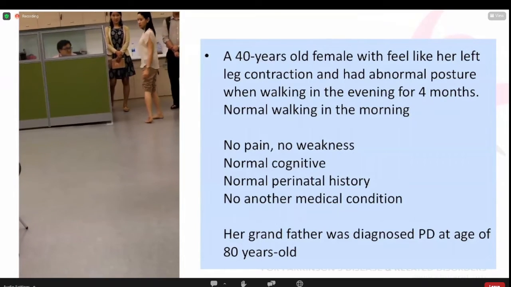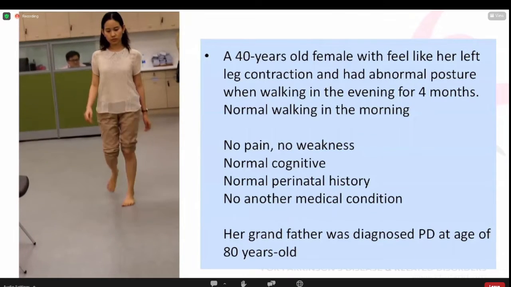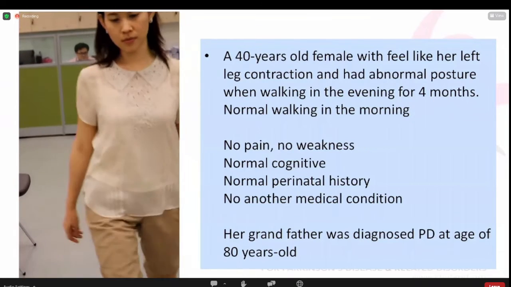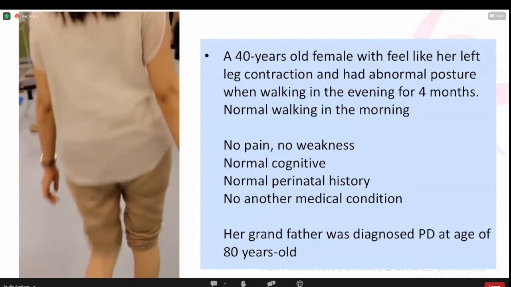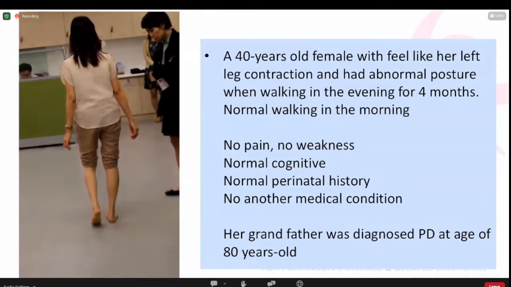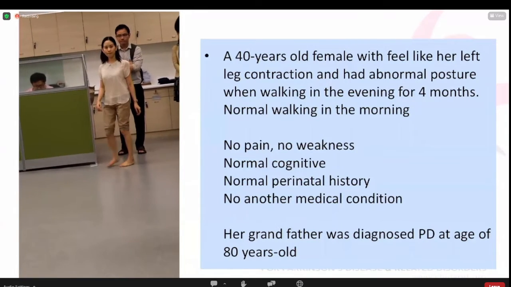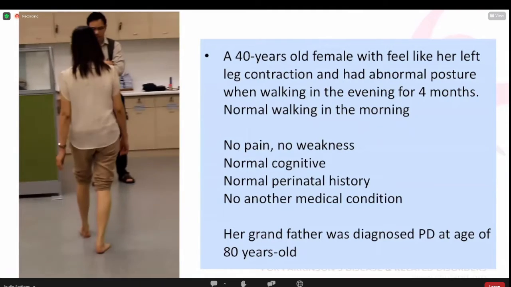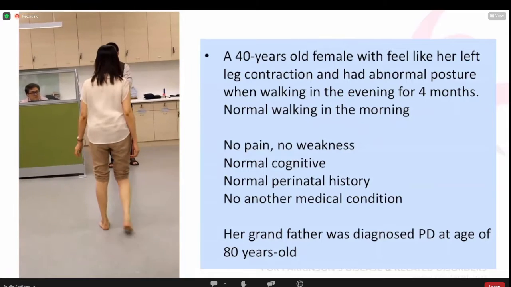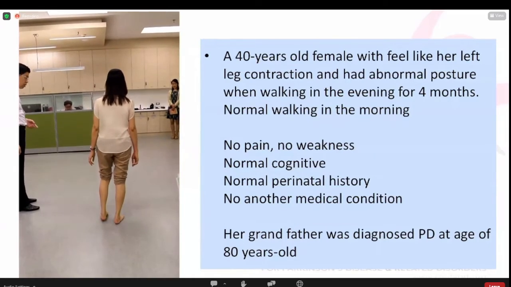You will see a little bit of abnormal posture on her left leg, very mild, like internal rotation of her ankle. And sometimes it looks like she has weakness on her left leg, but we tested for weakness and she has no weakness.